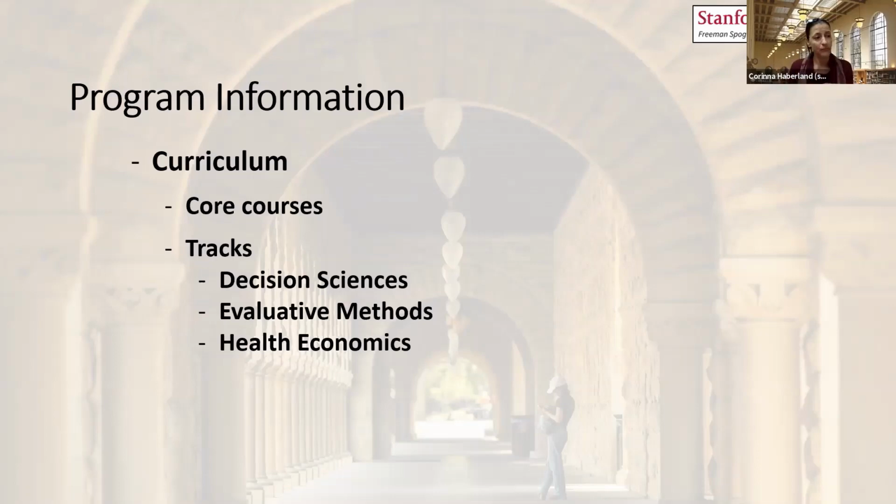Applicants often ask me or ask faculty that they're talking to, what track should they think about applying to? And what I have always said is that the applicant should look at the research methods that are being offered in those various tracks, and think about what tools you want in your toolbox when you are thinking about the health policy questions and issues that you are interested in looking at.